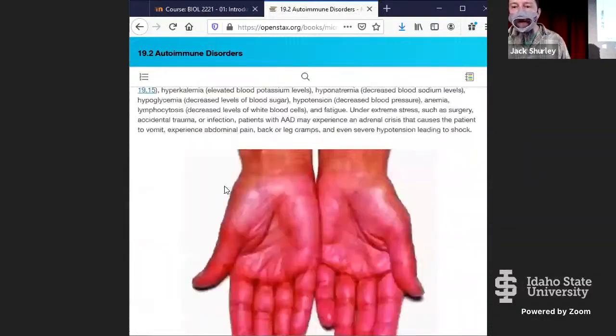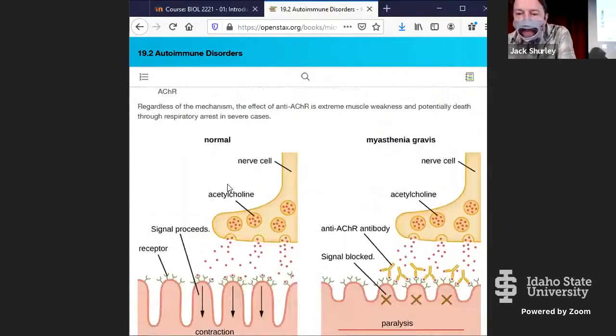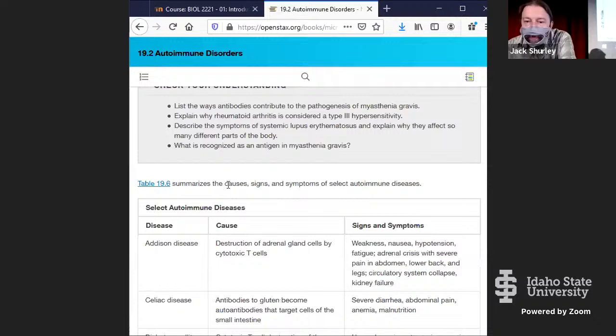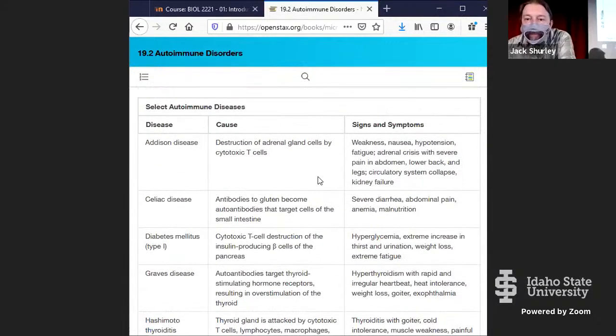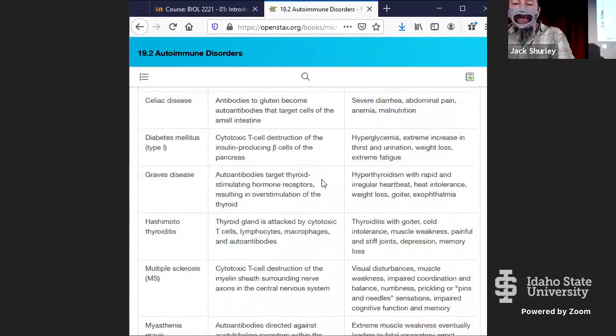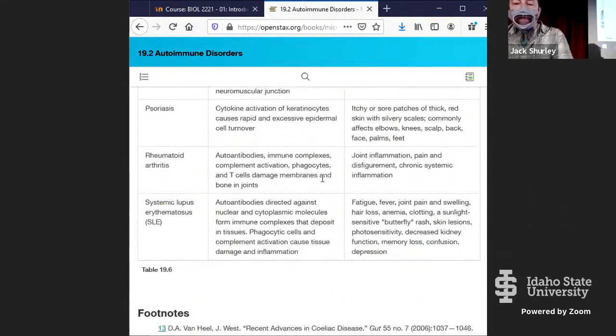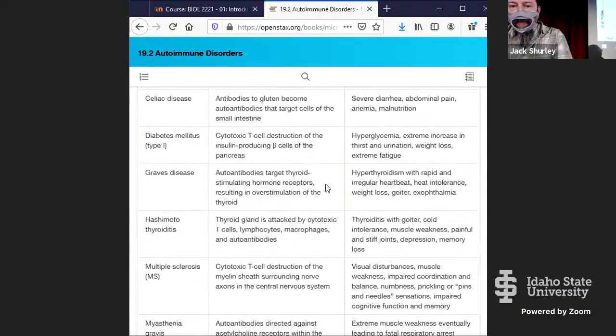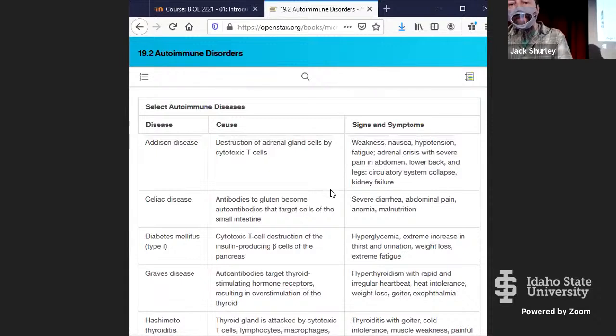You don't need all of that. Let's see, where is this table? Okay, so table 19.6 is what you should focus on. And really, this table's got a handful of extra disorders. The ones I posted on the study guide are the ones I'd focus on, all right?